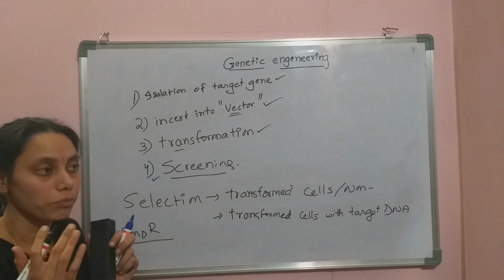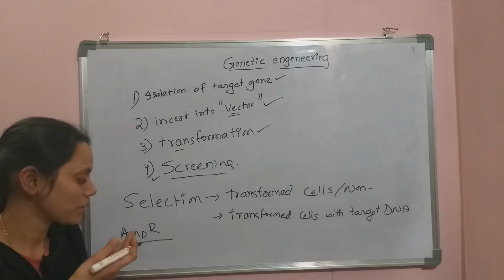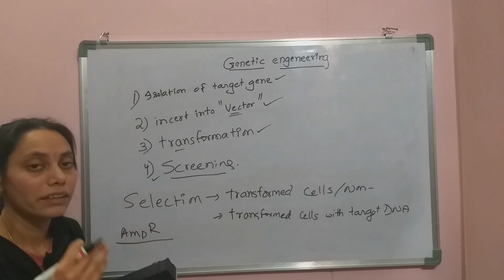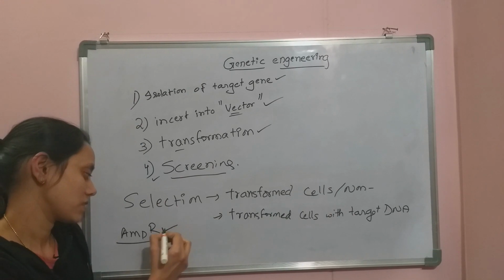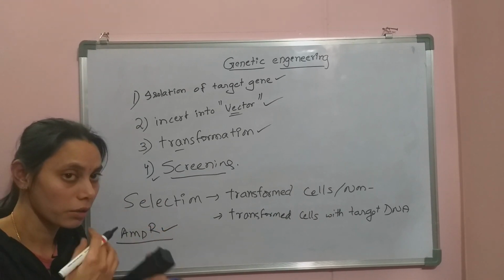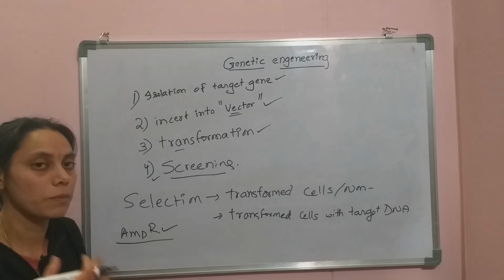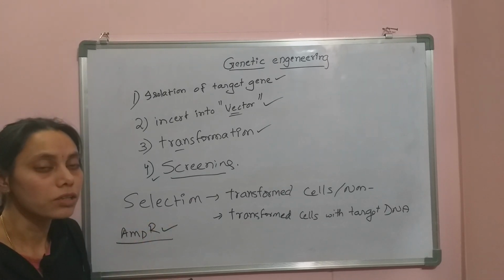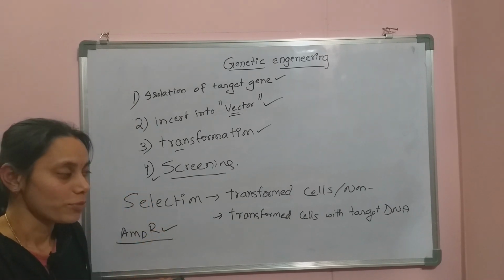The set of bacterial cells in a culture dish which are able to express this resistance gene are transformed, and the remaining cells which are unable to express this selectable marker are non-transformed. We can simply select the transformed cells against the non-transformed cells.